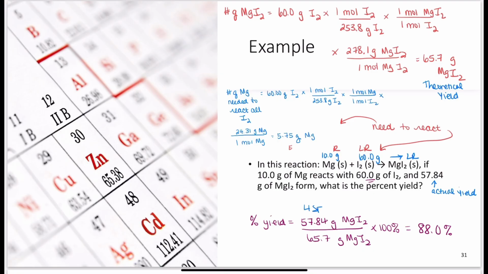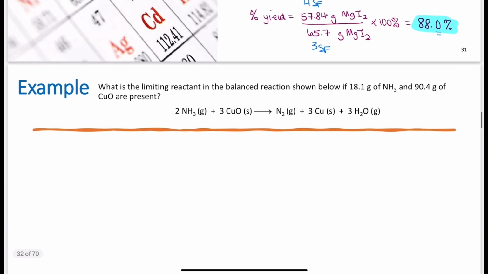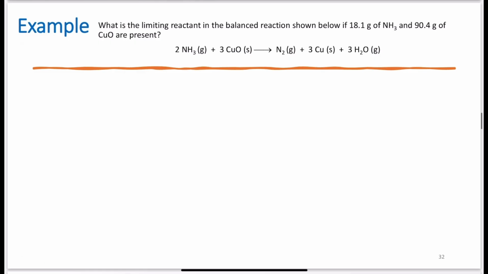Now that I got moles of magnesium, I'm going to convert that to grams of magnesium. 24.31 grams of magnesium is 1 mole of magnesium, and that is straight from the periodic table. This gives me an answer of 5.75 grams of magnesium.